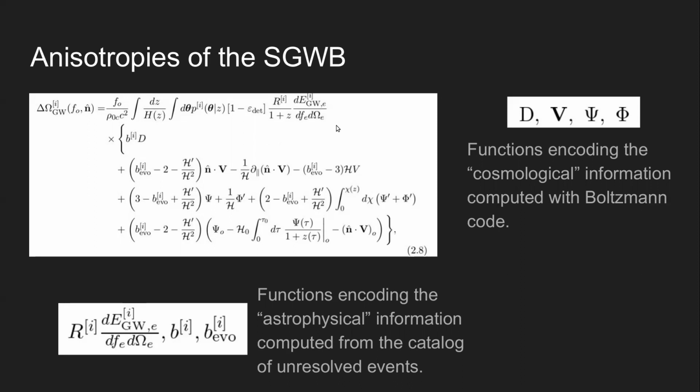And then you have the number of events per year with these parameters that happen at this redshift, times their energy spectrum, times this huge bracket in which you have what are typically called source functions, which are these d, v, psi, and phi, functions that encode the cosmological information, and you typically compute them with some Boltzmann code like CLASS or CAMB.